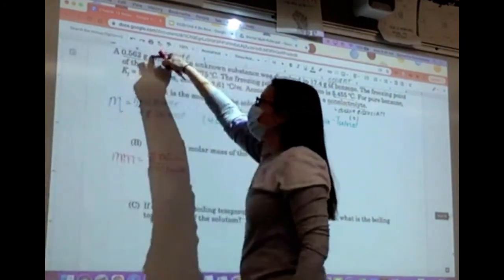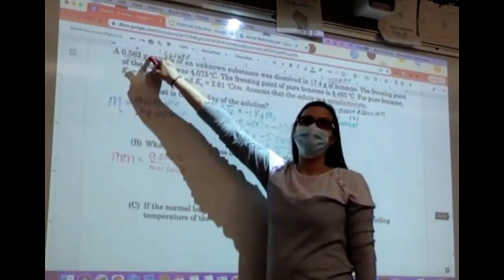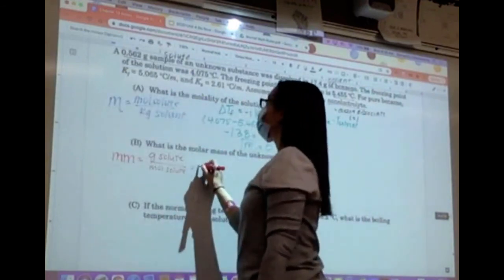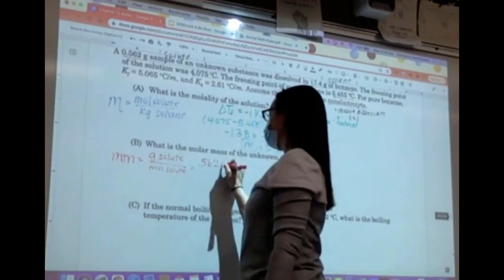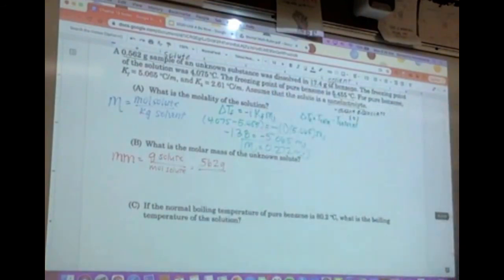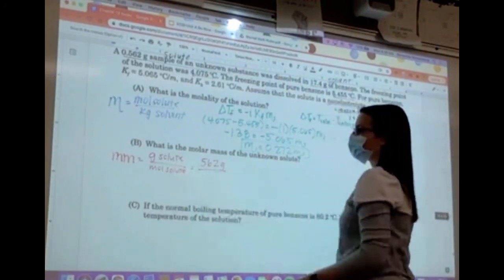They gave me the grams right in the problem. They gave us the mass of this unknown that we were using. So 0.562 grams. I need to determine how many moles of that solute we had.